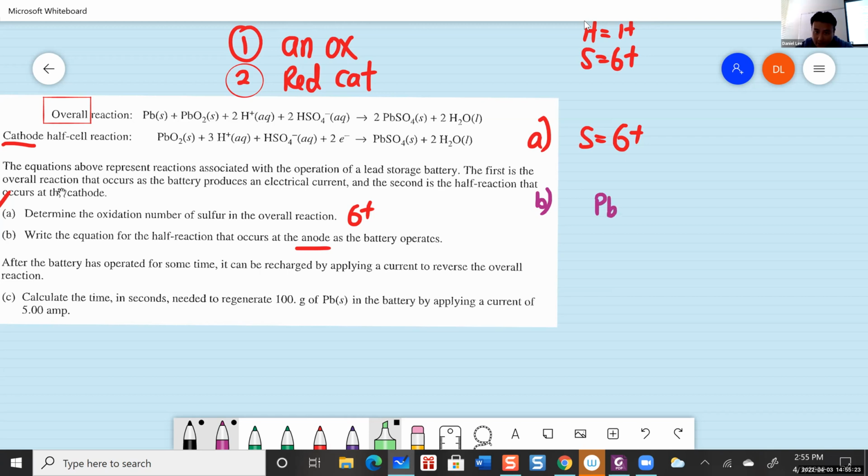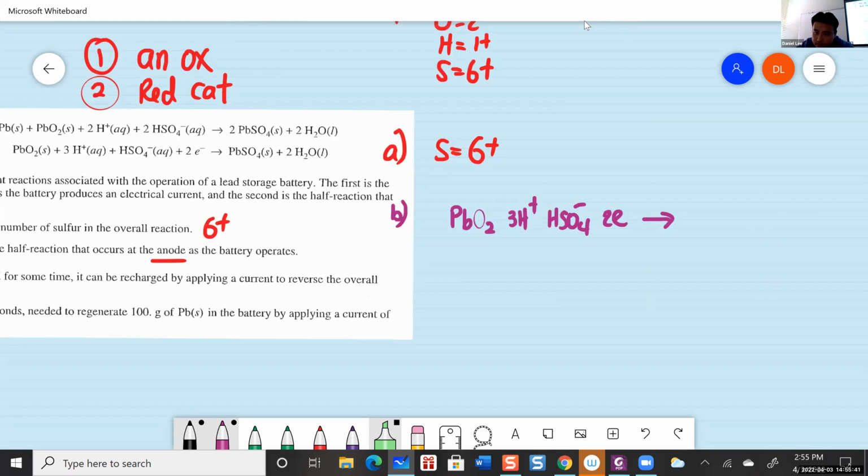So this is the cathode: PbO2 plus 3H+ plus HSO4- plus 2 electrons produces PbSO4 and also 2H2O. I need to add another one so that I get the overall.